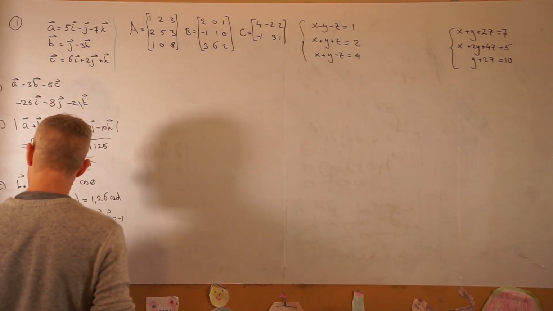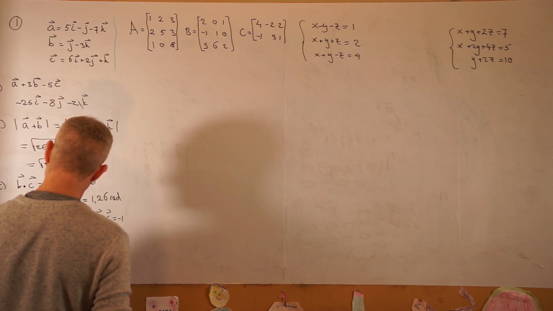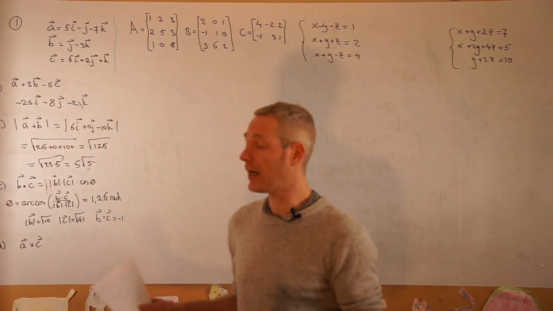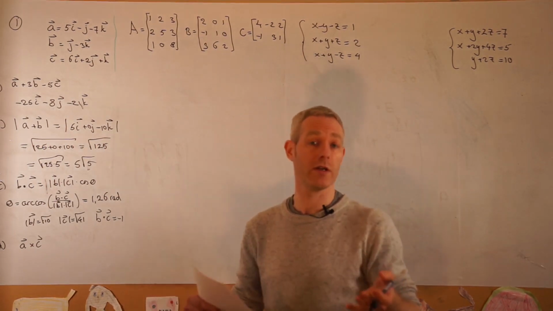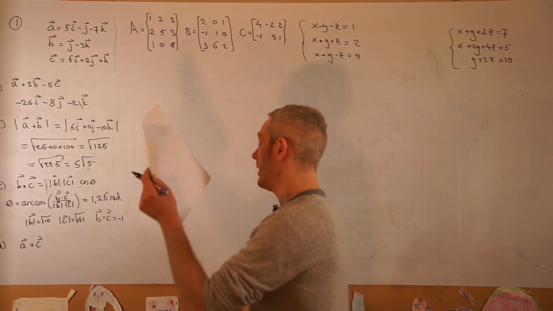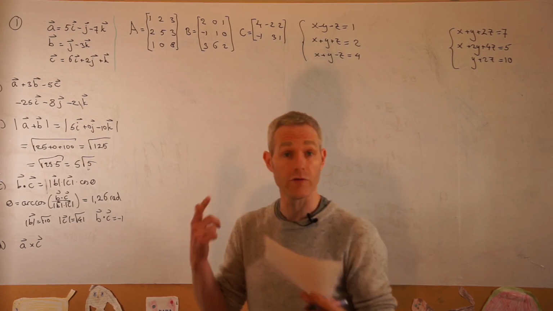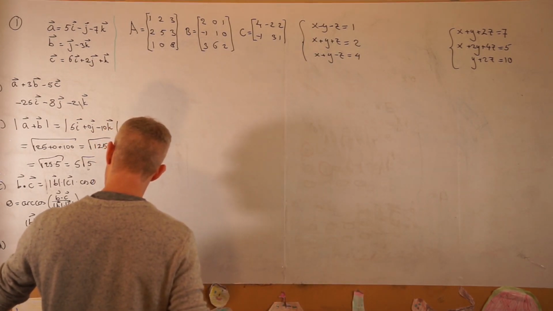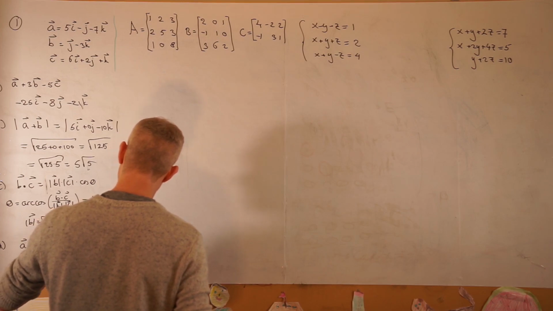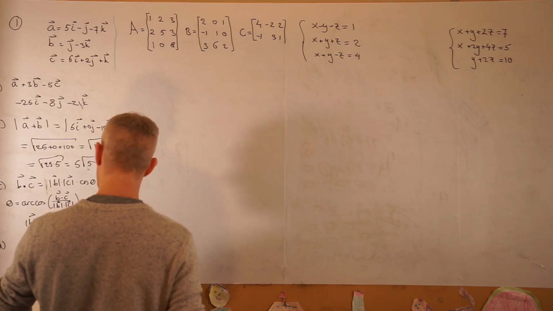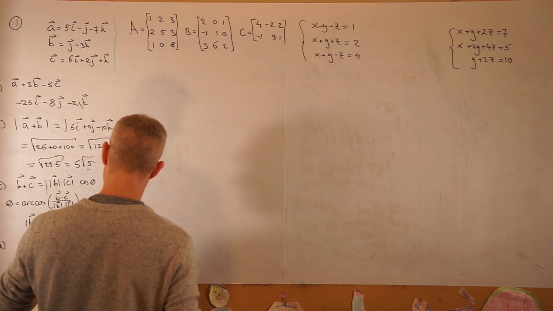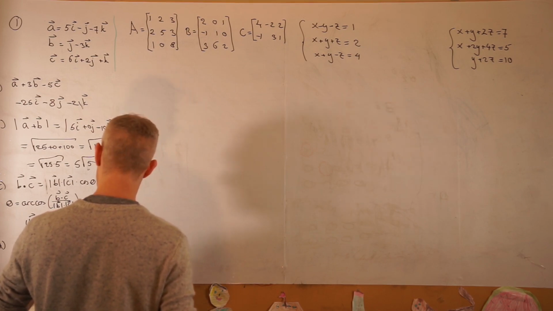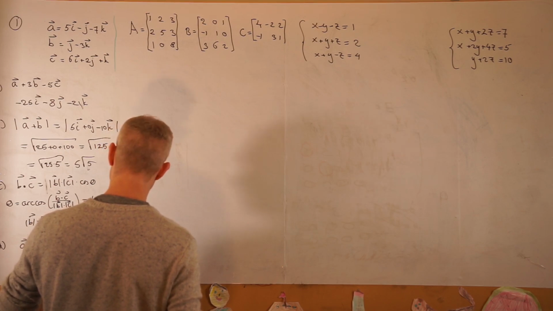Finally, we have the cross product between A and C, and I like to use a determinant, but you can use a different formula as well, which you can also write down on your formula sheet. I use the determinant i, j, k. Then I write down A, 5, minus 1, minus 7. Then I write down C, 6, 2, 1.